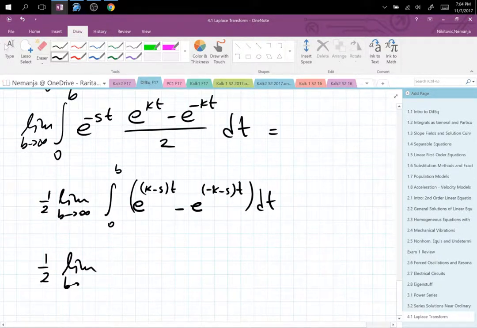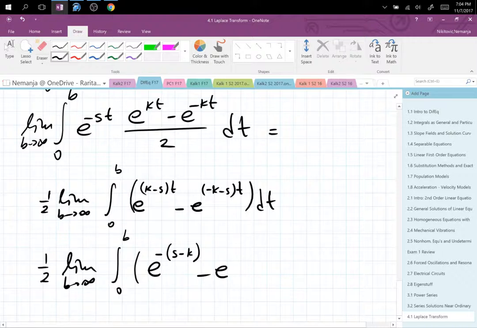Limit as b goes to infinity, integral from 0 to b, and I'm going to factor out the minus sign. So when I factor out the minus, it becomes s minus k, minus e, and then minus s plus k, dt.